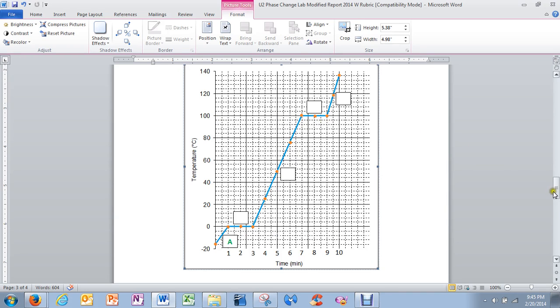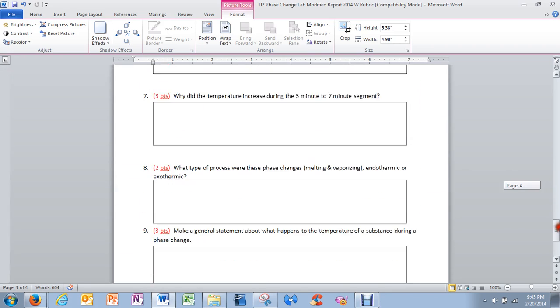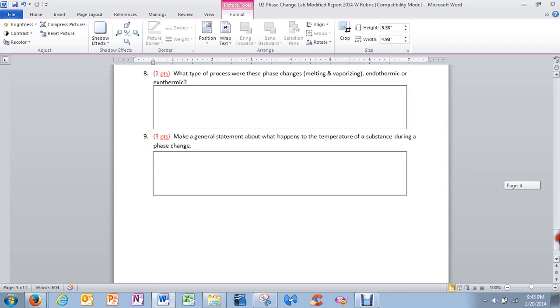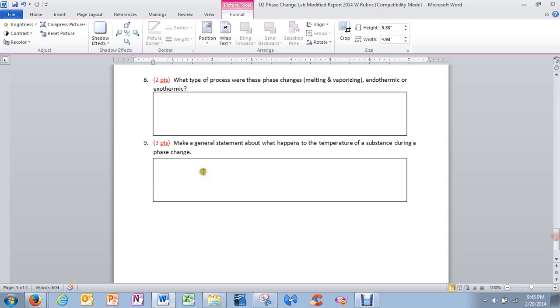So let me know what you think the relationship is. What about this system is keeping the temperature constant when the phase is changing? So make a general statement about what happens to the temperature of a substance during a phase change.